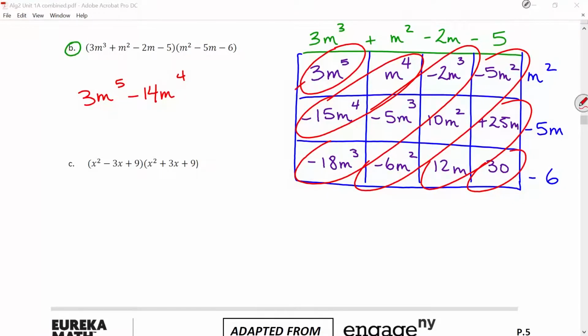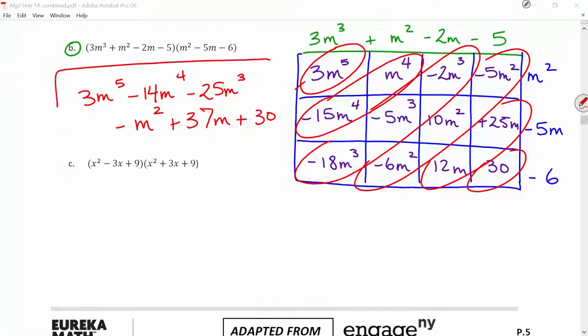So let's see here, that's going to be negative 25m cubed. In the m squared diagonal, I have negative 6m squared plus 10m squared minus 5m squared, and that's negative m squared. Okay, and then 12m plus 25m, how many m's do I have? Well, I have 37 m's, and then plus 30.